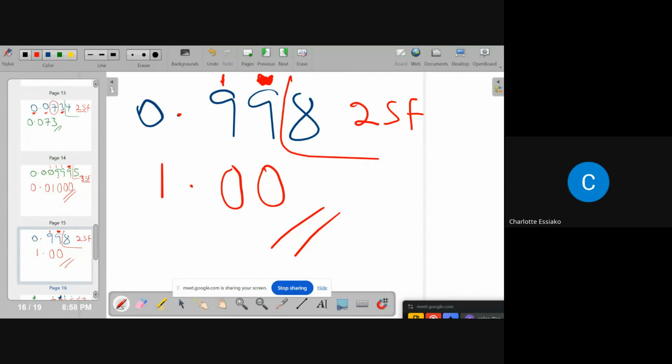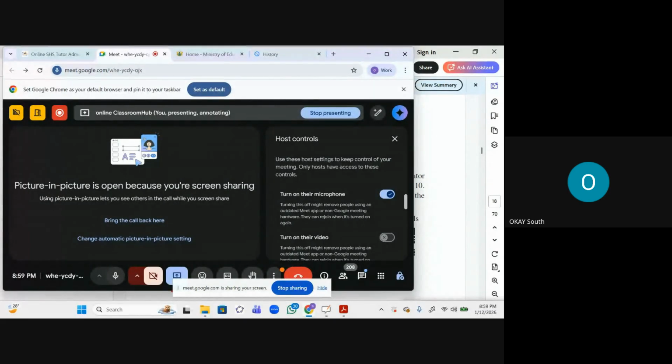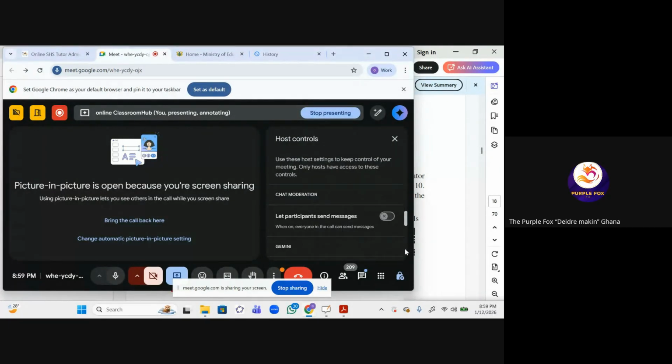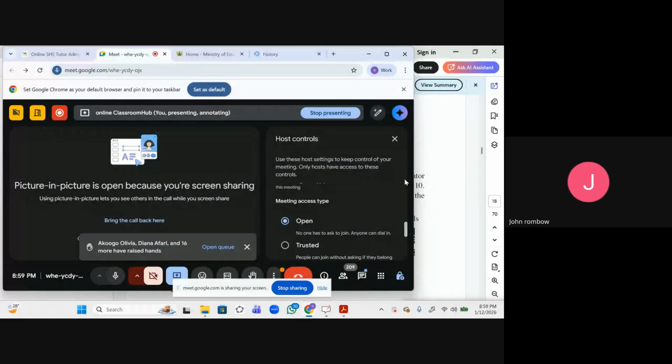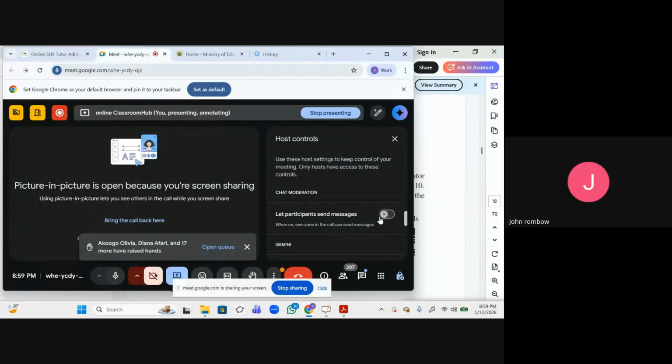From the back. Sir, kindly check them. Some of them are chatting, so they are not paying attention, and then they are just repeating questions we've already taught. I think I have disabled the chat. Yes, I've disabled it now.